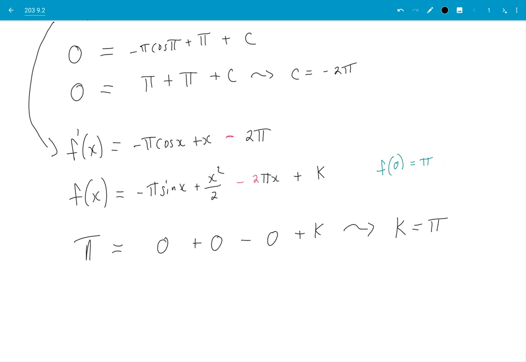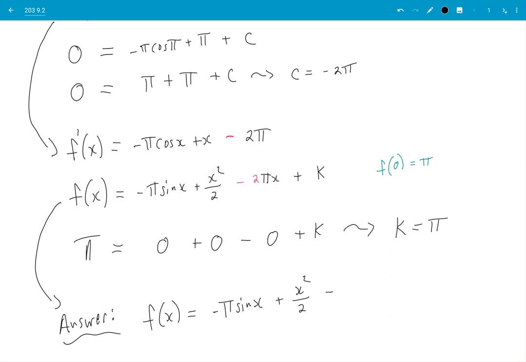So I can write out my answer. f of x is minus pi sine x plus x squared over 2 minus 2 pi x plus pi.